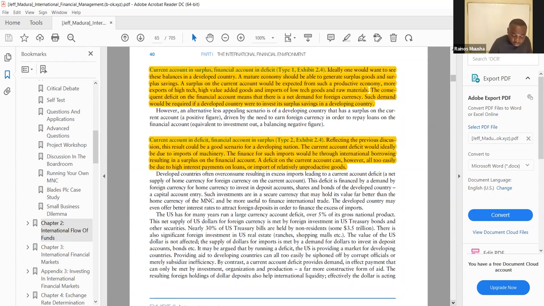A deficit on the current account can, however, all too easily be due to high interest payments on loans or import of relatively unproductive goods. So this is basically what would result in a situation where we have a current account deficit and financial account surplus. Are we on the same page? Any questions?